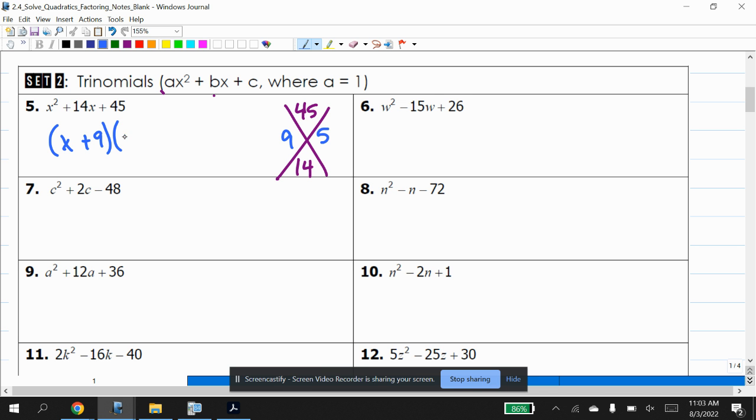That's a positive 5, so that's going to be x plus 5. That is the shortcut to factoring things that have 1 in front of x squared. If there's another number there, we can't do that. But because there's a 1 there, we can take that shortcut. All right? Number 6. Take your x, multiply to be 26, add to be negative 15.